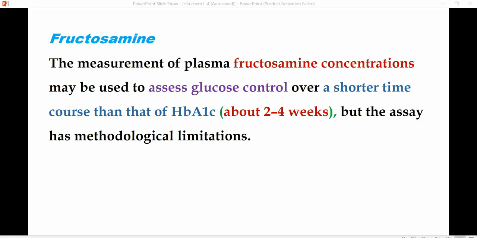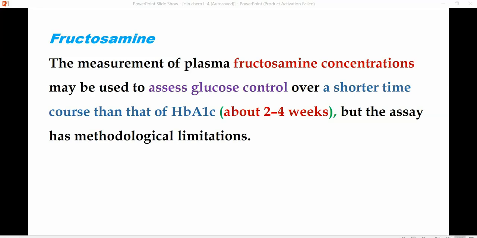We need a shorter period to assess average plasma glucose level. The alternative measure to HbA1c, which also could not be depended on in cases of hemoglobinopathies, as we said earlier, is fructosamine, a measure of glycated proteins.